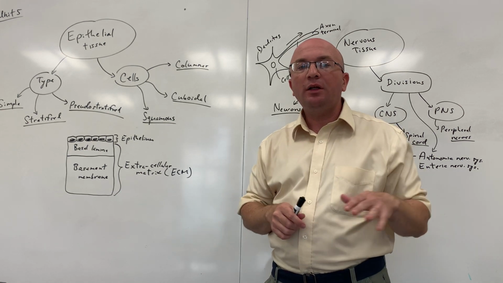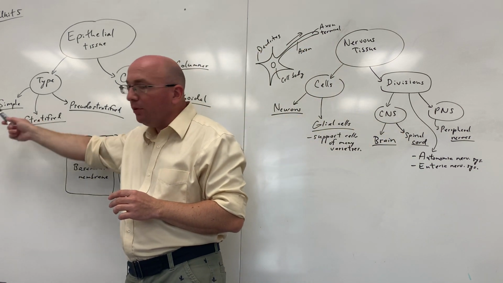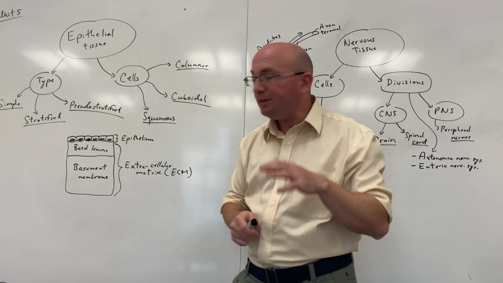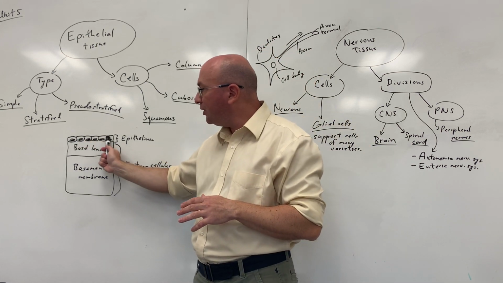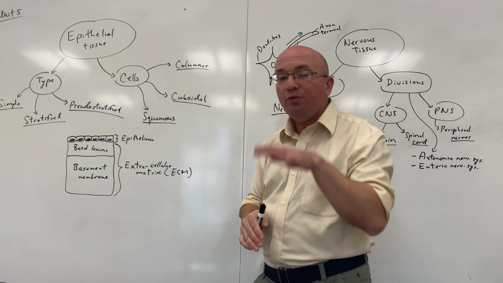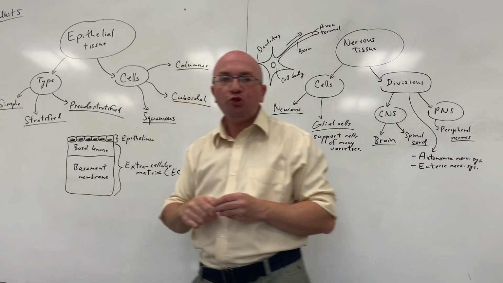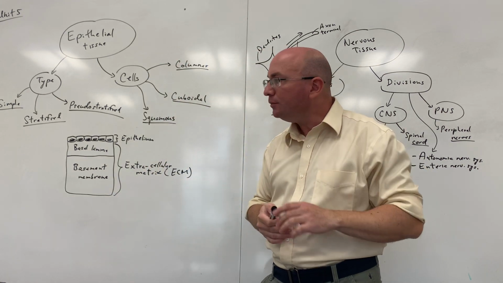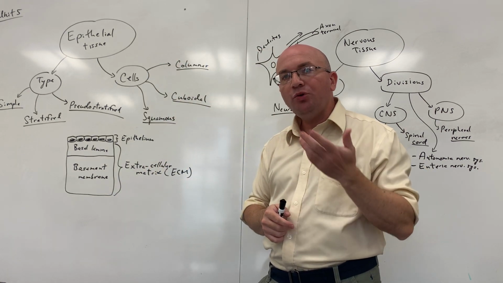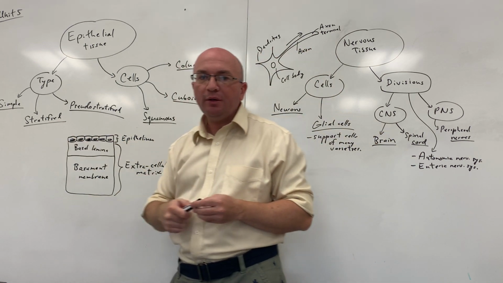If you see 1 layer of cells, we call this simple epithelium. So 1 layer of cells, like for instance here, these square-like cells are 1 layer, so we call this simple epithelium. If you have more than 1 layer of epithelial cells, we call this stratified, from the word strata, which means layers. So 2 layers, 3 layers, sometimes even more, we call that stratified epithelium.